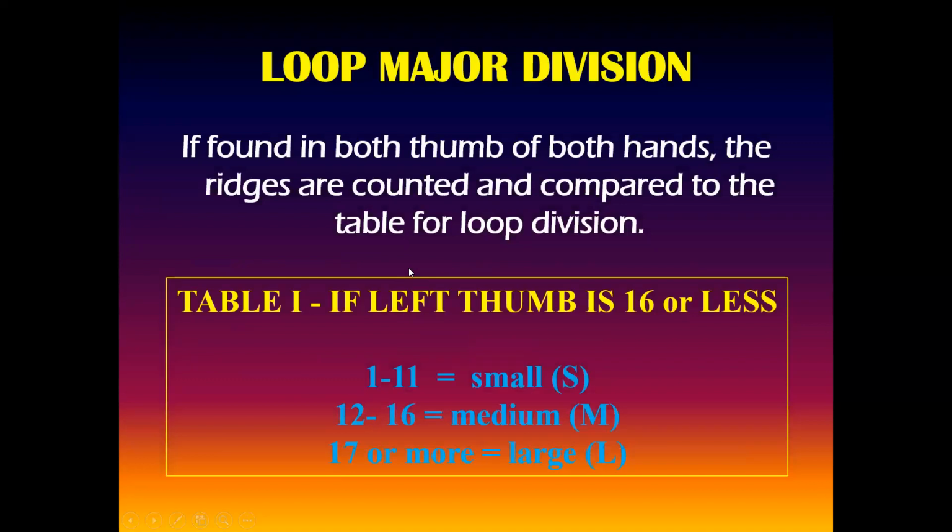Okay, so in cases of which both thumbs are loops, then there are two tables that we are going to make use of.